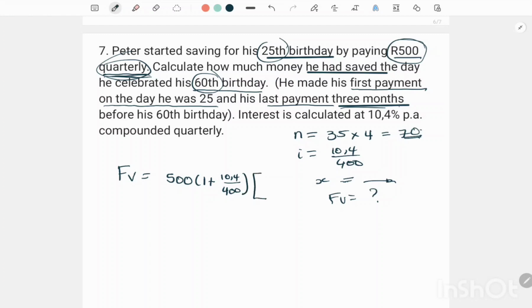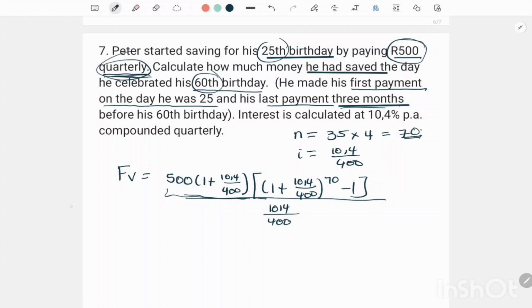Then that value is my x. Then I'm going to say 1 plus the interest 10.4 over 400, exponent of 70, minus 1, all over 10.4 over 400.